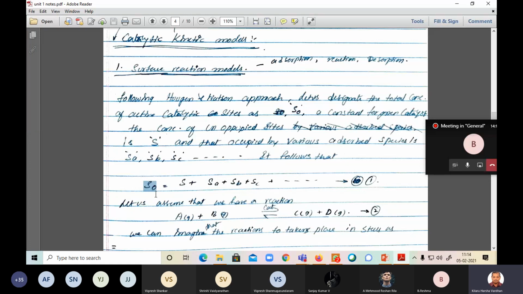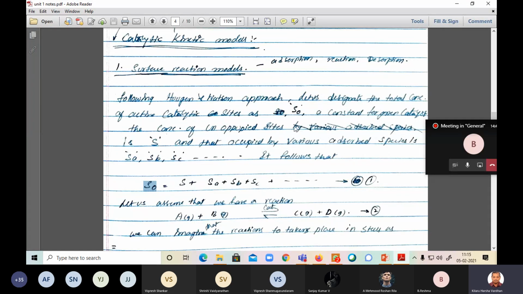The notations may be different from the material I am giving here and even in the PowerPoint, but finally the crux of the final expression is going to be the same. Okay. So let S naught be the total active sites, a constant for a given catalyst. For any catalyst, S naught is going to be a constant.